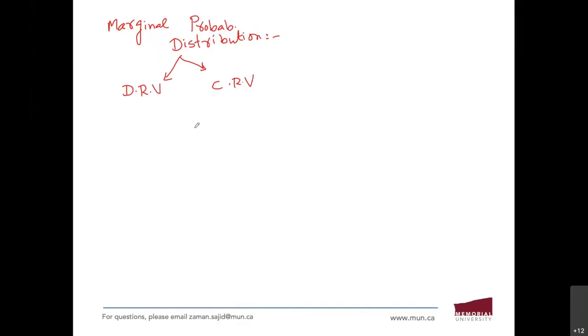Now for this random variable, the formula for the marginal distribution is f of x at x is equal to the integral of f of x, y, which is the joint probability distribution, from minus infinity to plus infinity.